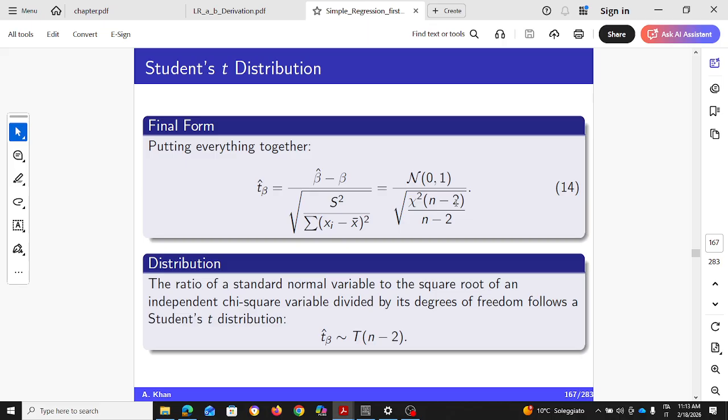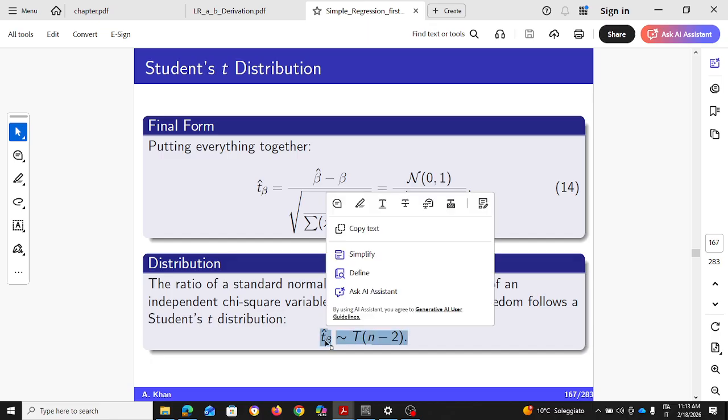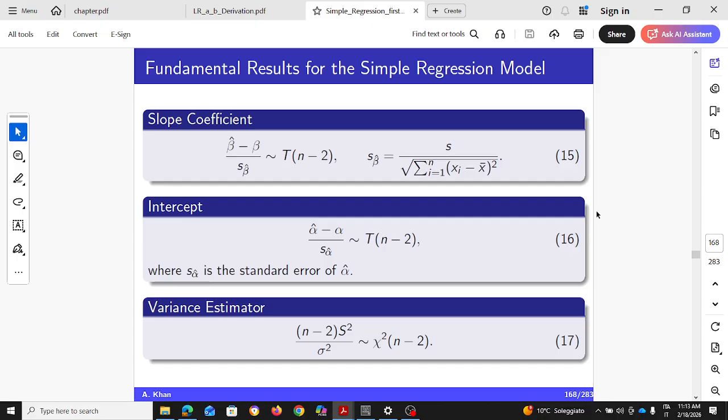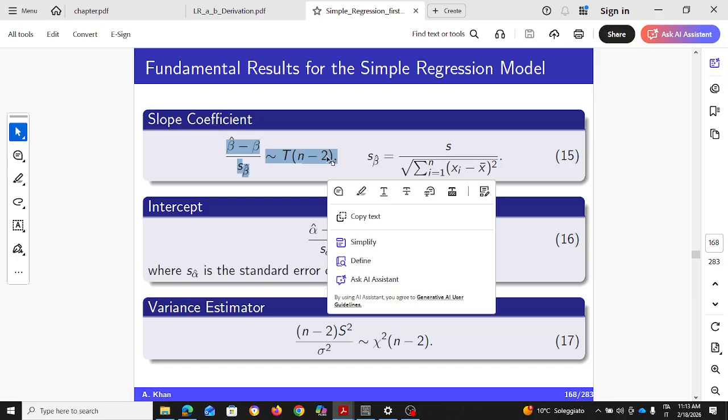So now we have the t distribution, but keep in mind, with 2 degrees of freedom, and this comes from alpha and beta. So the slope now takes this distribution.